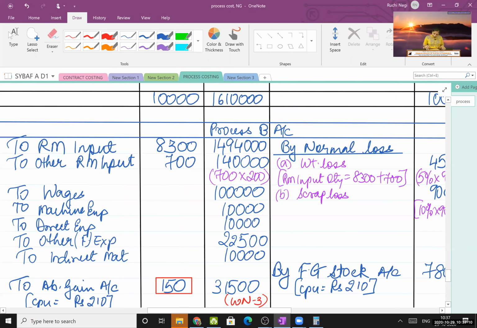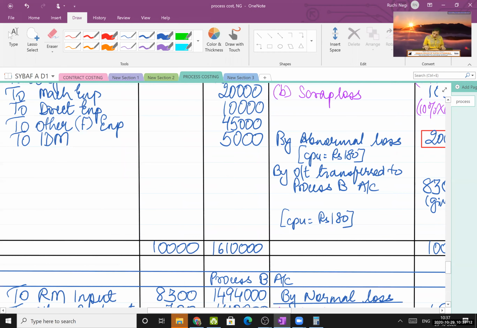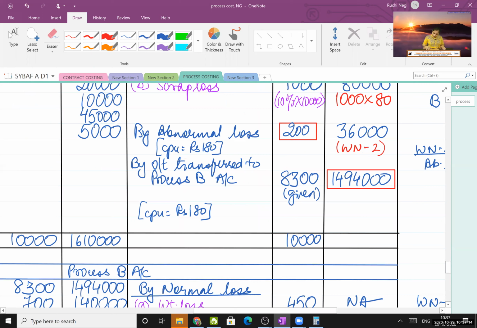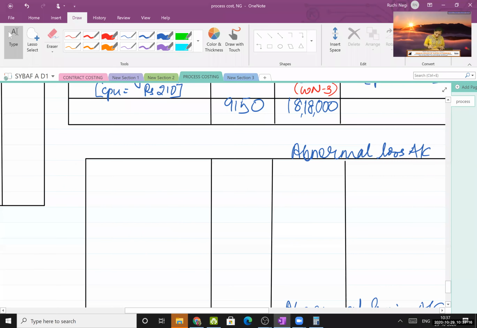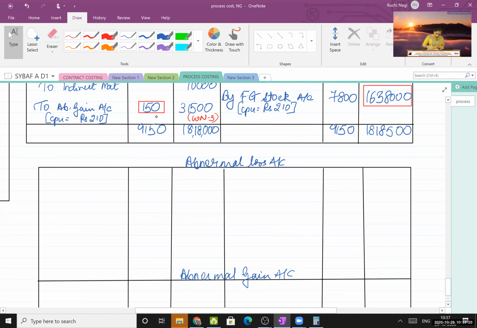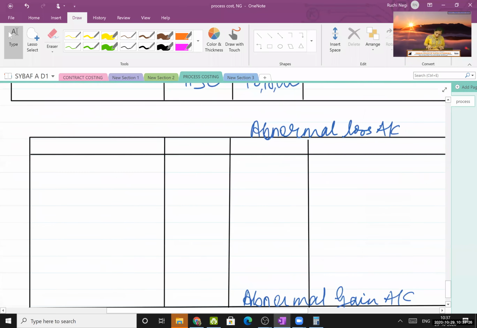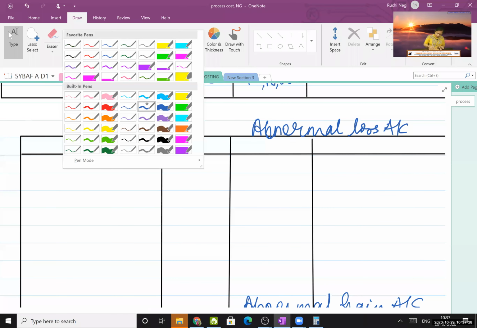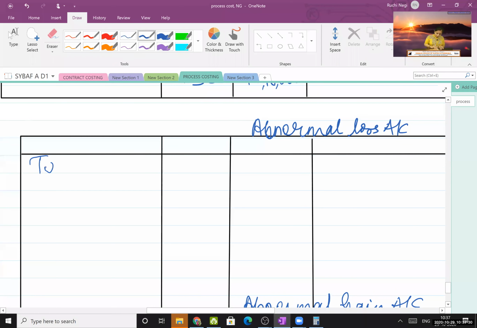So start giving the second effects, okay? Abnormal loss किसमें था? प्रोडक्ट ये A में था. कितना था? 236,000. So right here. Give the second effect to process B account.